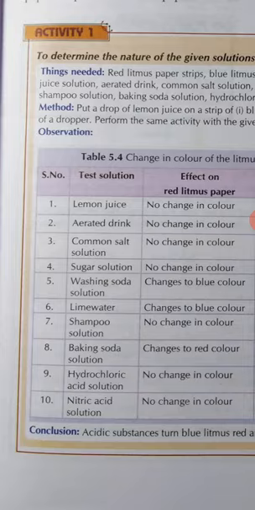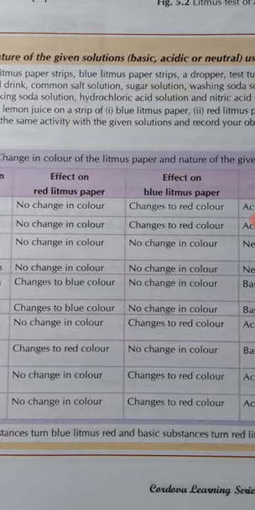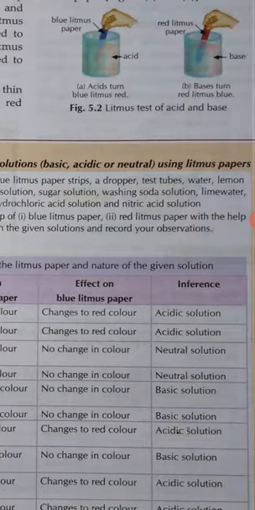Or when blue litmus paper is dipped in that common salt solution, there will be no change in color, because sodium chloride is a salt, it is a neutral medium. That is why there will be no change in color for both the blue as well as red. So these are some of the examples that are given.